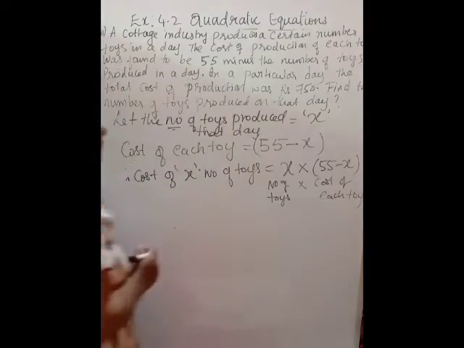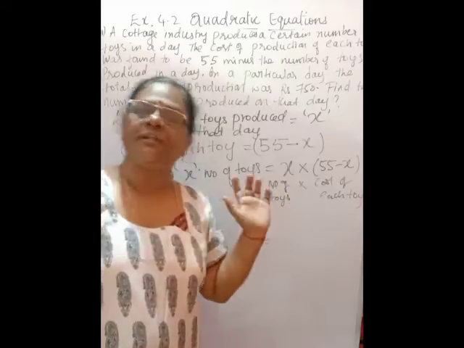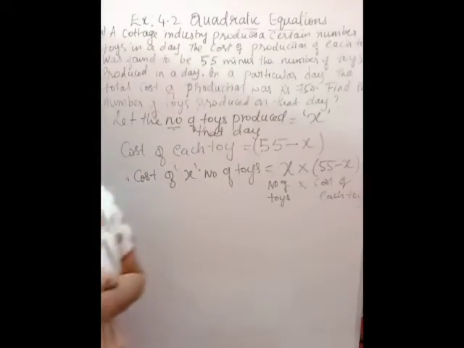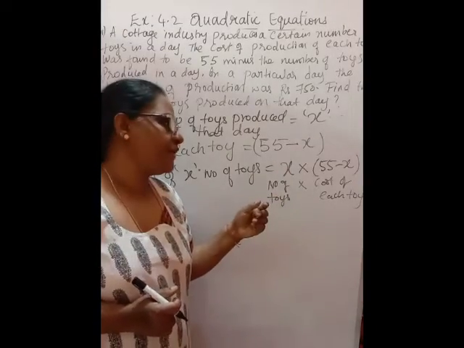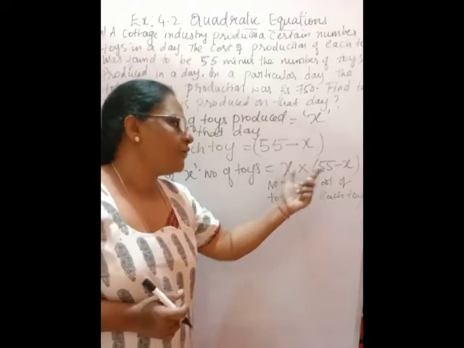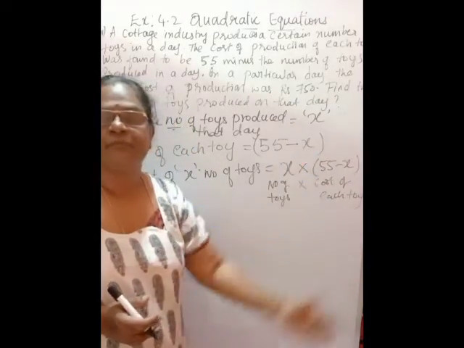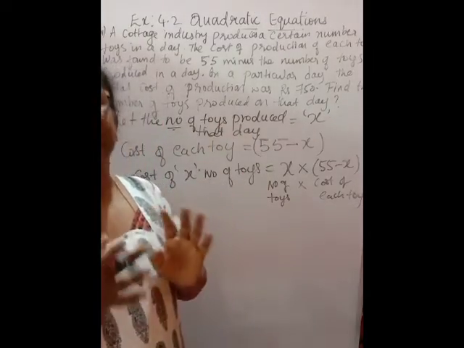Is it not? So number of chocolates into cost of one chocolate will give you the total value of the so many chocolates. Similarly, same thing here also. Number of toys they have made is X. Cost of one toy is 55 minus X. So if you multiply these two, you will get the total amount you are going to get that particular day.